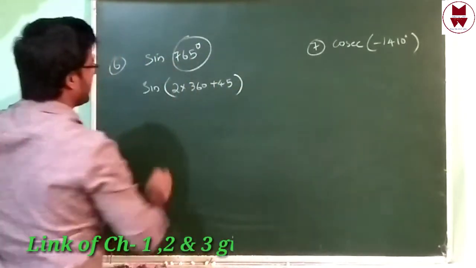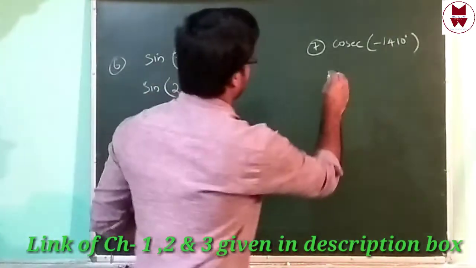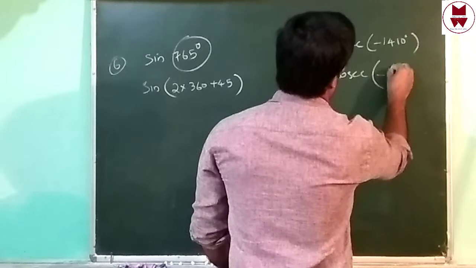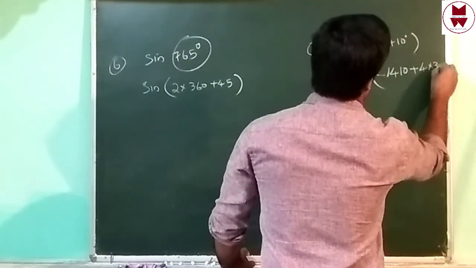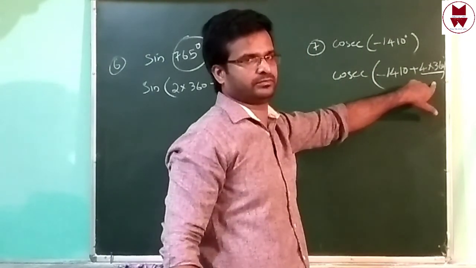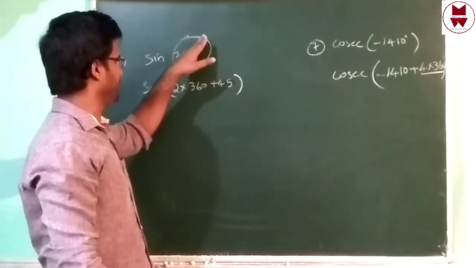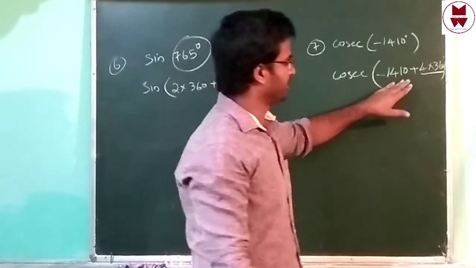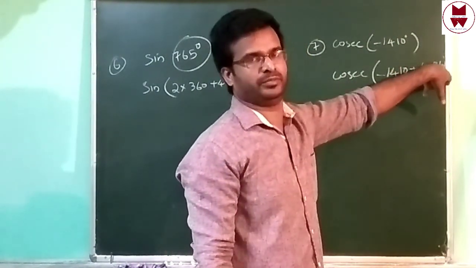This 765 is split. Then in case they give a negative value, what did we do? We did 4 into 360. We add one number. Keep in mind, if they give a positive number, you have to split that number. If they give a negative angle, you have to add one number. That's the difference.